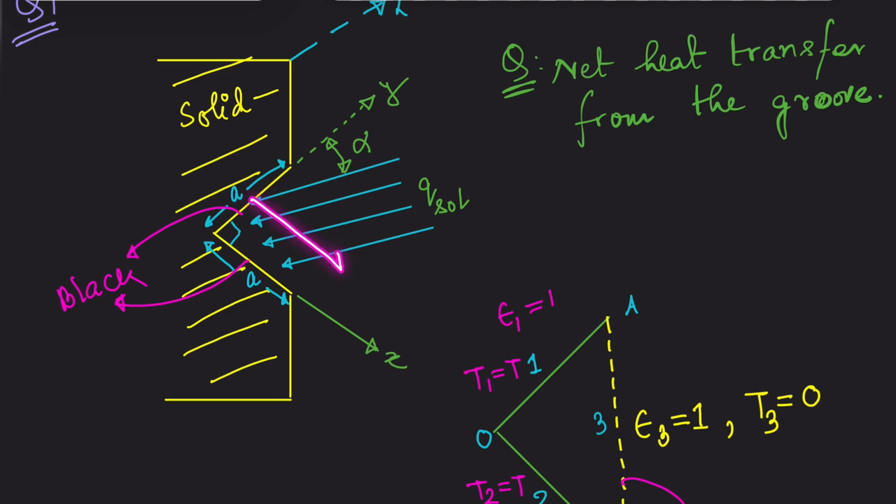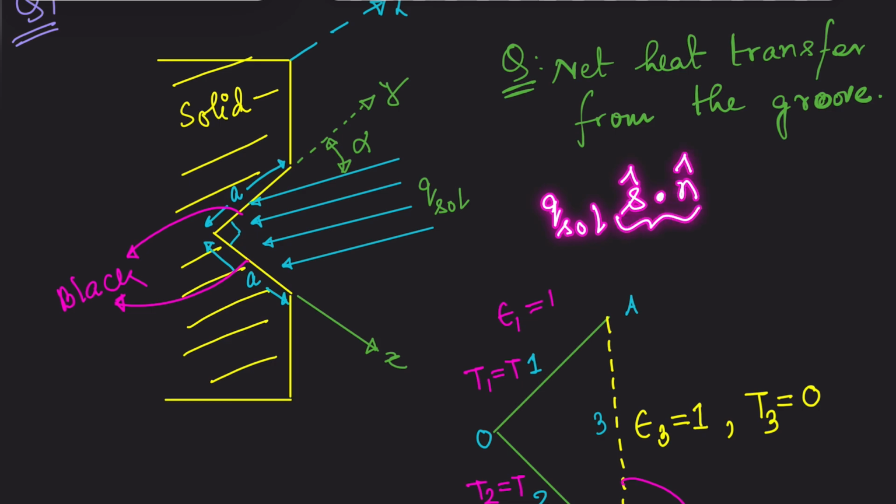If this is the normal of this surface, then this is pi by 2 minus alpha. Then my radiation flux will be q sol dot n cap. In other words, if I write q sol as a vector, then q sol is the magnitude, s cap is the direction of this incoming radiation, dot n cap.